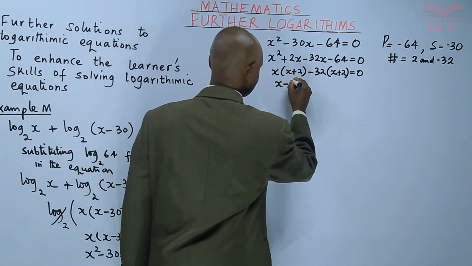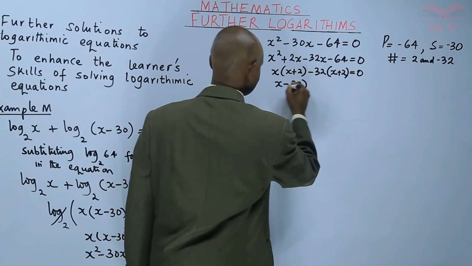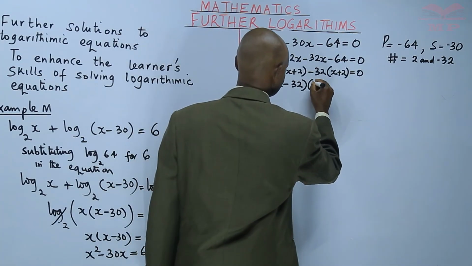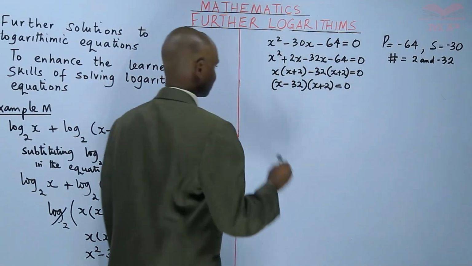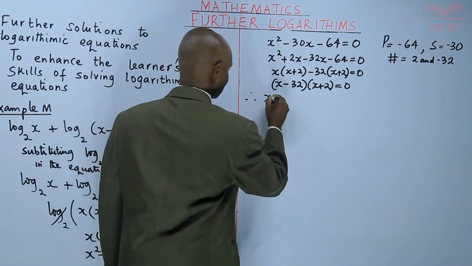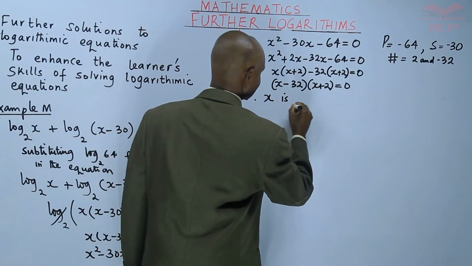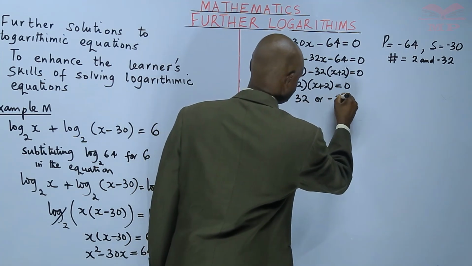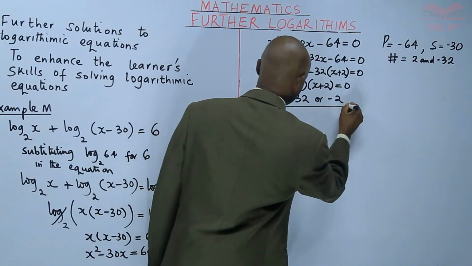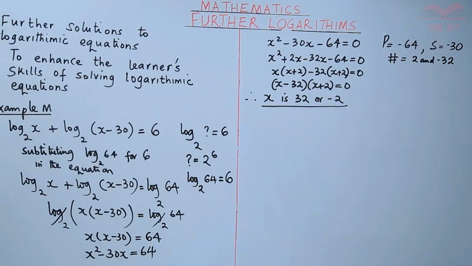The roots are from x minus 32 and x plus 2 being 0. Therefore, x is 32 or minus 2. Those are the two values of x.